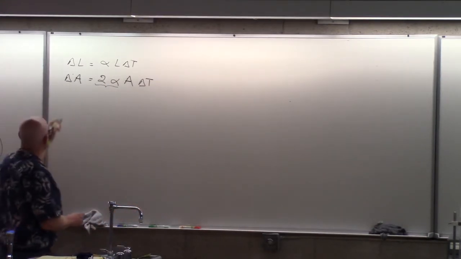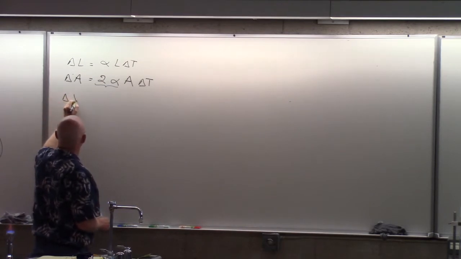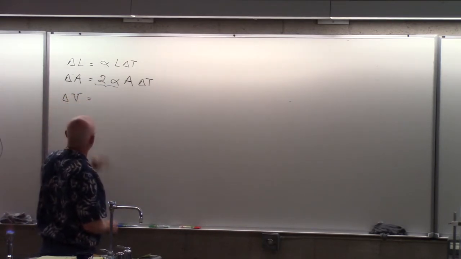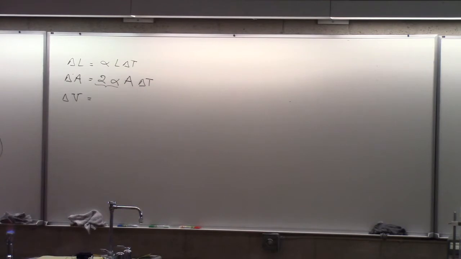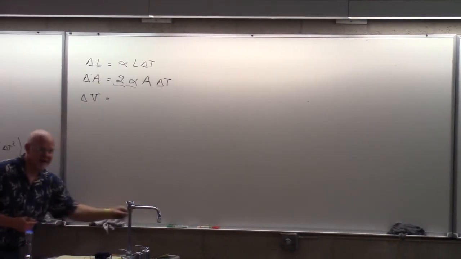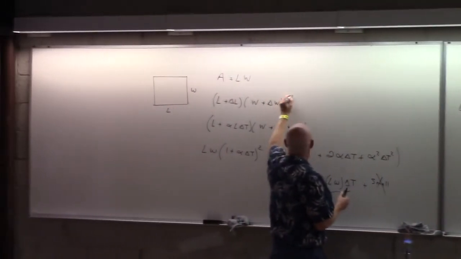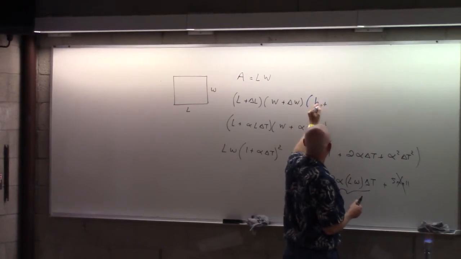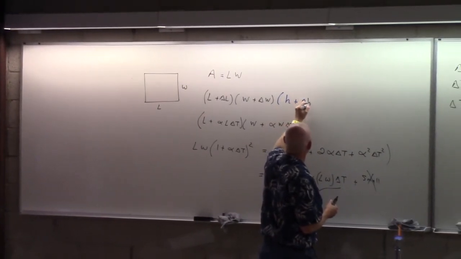Now, since this is a homework problem for you, I will leave this for you to figure out. How much would the volume grow by? Do you see that what I would have is just another term right here? I would have maybe the height times delta height.